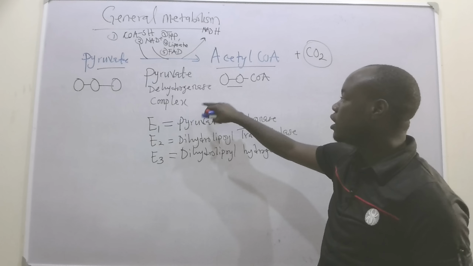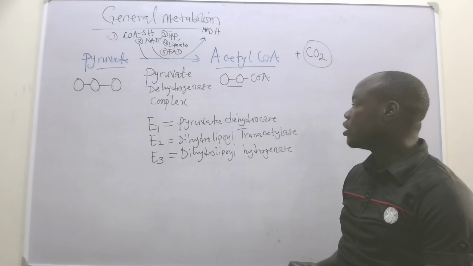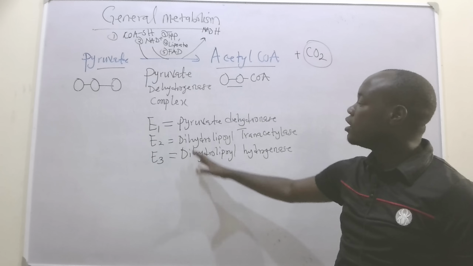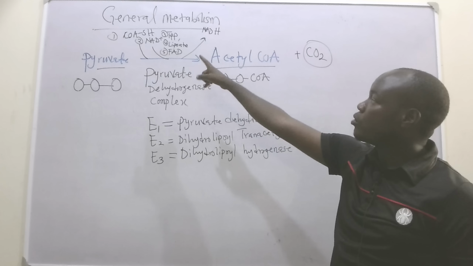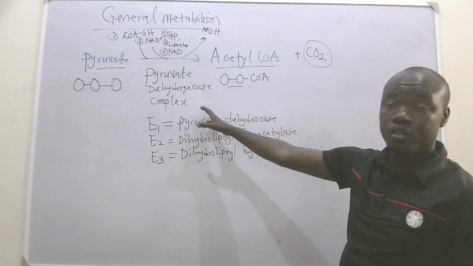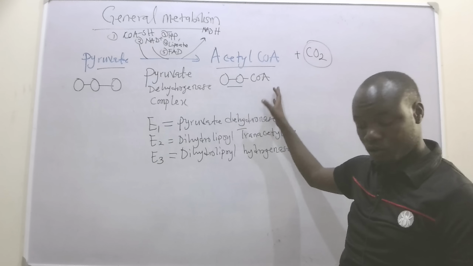So you see, pyruvate is converted into acetyl-CoA through decarboxylation by removing CO2 with the use of the pyruvate dehydrogenase complex. This complex encompasses 3 enzymes, E1, E2, and E3. The enzymes require 5 different cofactors to generate the acetyl-CoA.